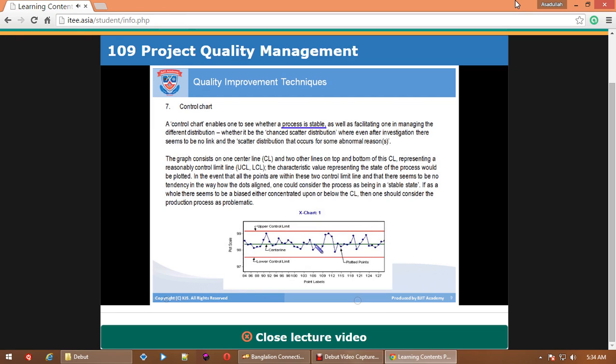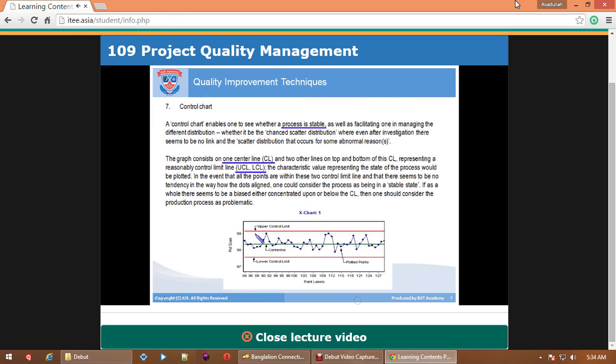In this kind of chart, there is one center line and two other lines on top and bottom of this center line, representing the control limit lines, that is the upper control limit and lower control limit.